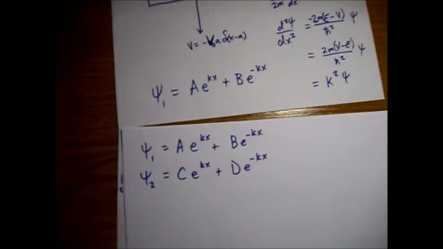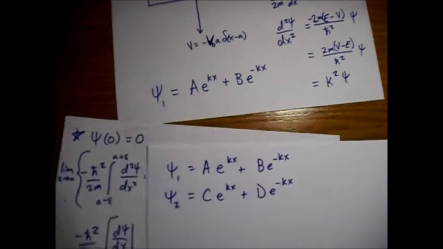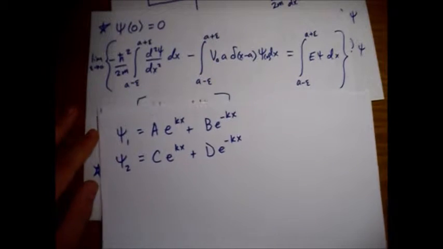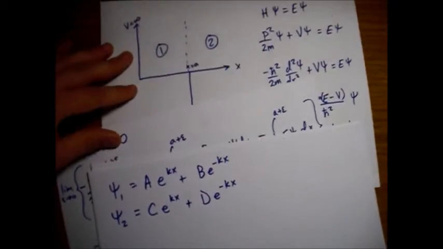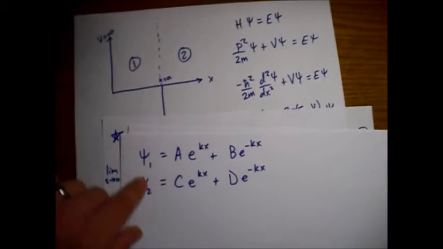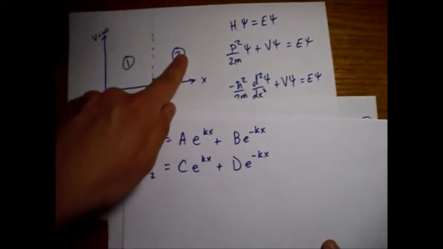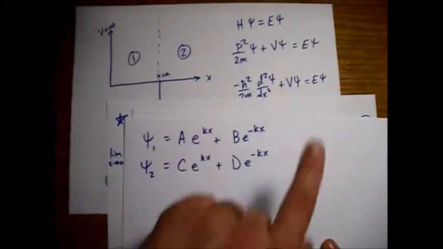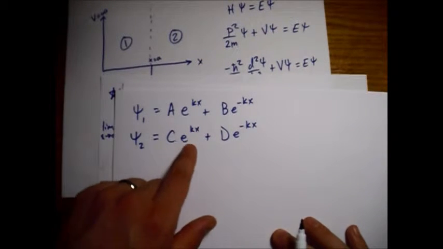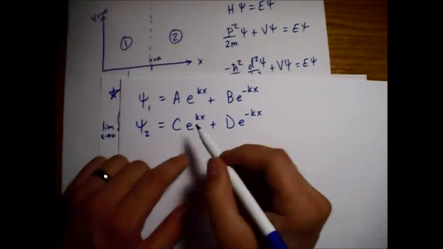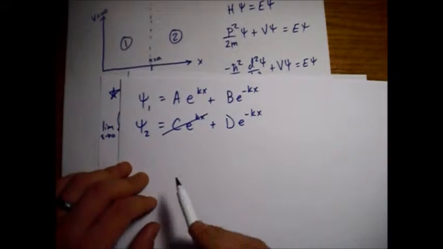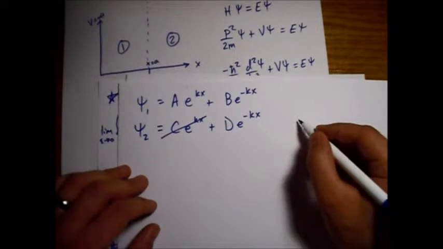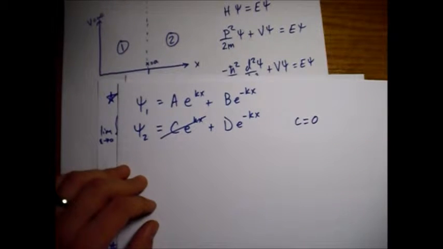Great. So let's see what we can learn. If we look at region 2 here, we know the wave function has to go to 0 out at infinity. So this term has to go away for our wave function to be normalizable. So we kill this: c is equal to 0.